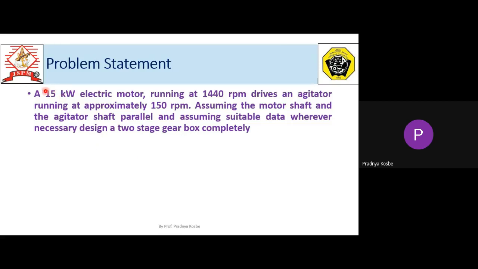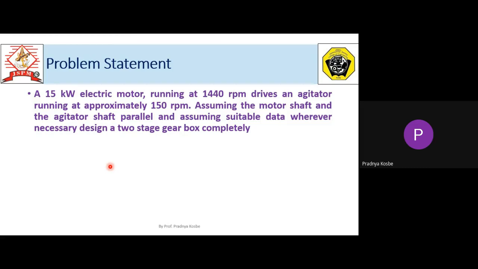So, what are the given things over here? First, you have to find out what are the specifications given to you, and according to that, you have to design the gearbox, right? Power is given, which is 15 kilowatt.